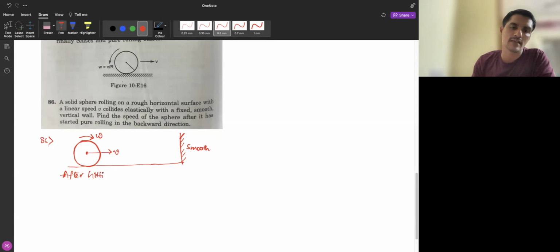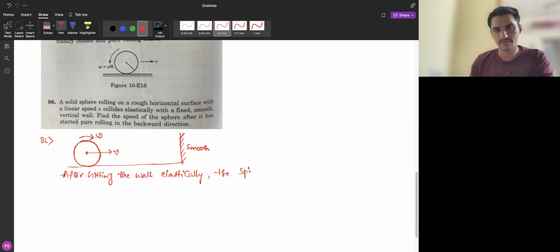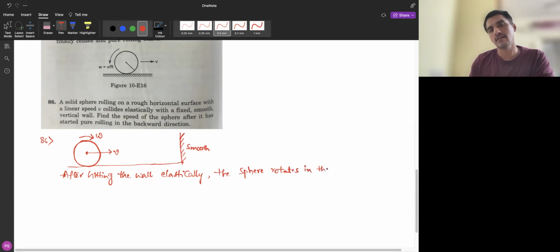After hitting the wall elastically, the sphere rotates in the same sense.